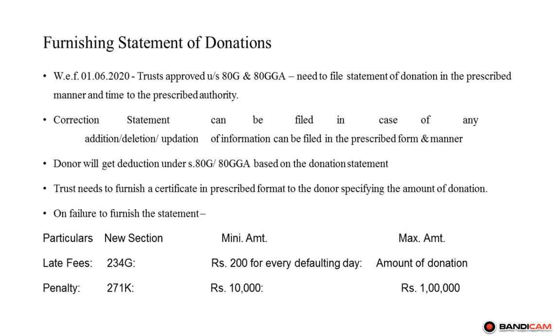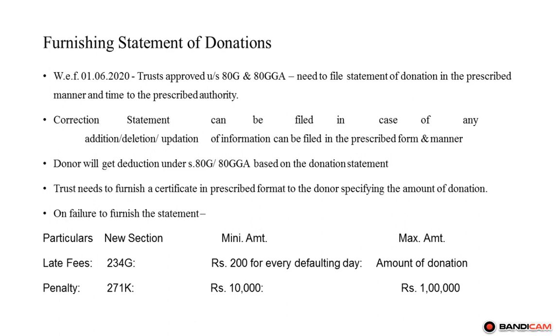Okay, so furnishing a statement of donation: with effect from 1st June 2020, trusts approved under section 80G to 80GGA need to file a statement of donation in the prescribed manner and time to the prescribed authority. So from 1st June 2020, the statement of donation is furnished in the prescribed format to the income tax authority.